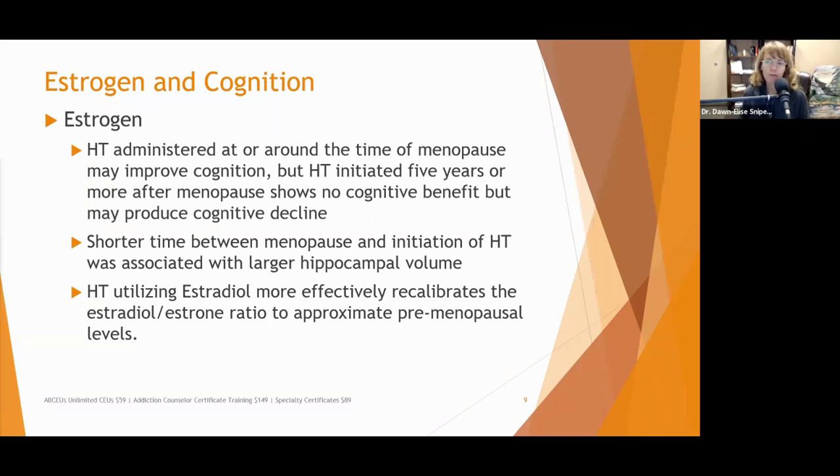The shorter the time between menopause and initiation of hormone therapy was associated with larger hippocampal volume. Remember, estrogen protects against hippocampal shrinkage because of glutamate-induced excitotoxicity.